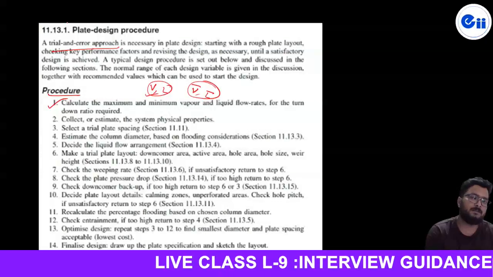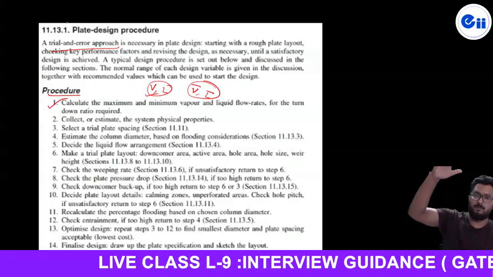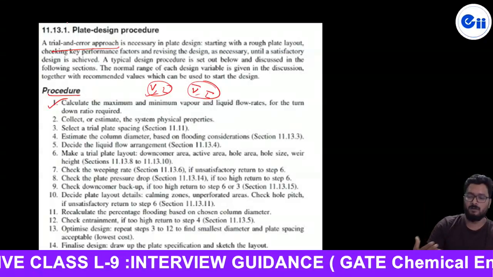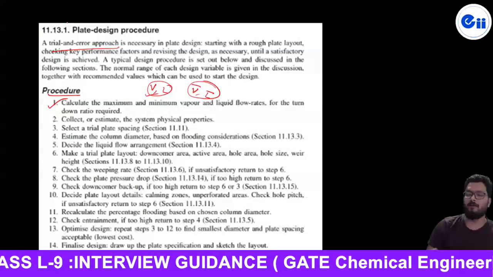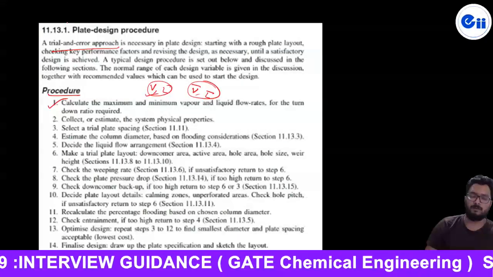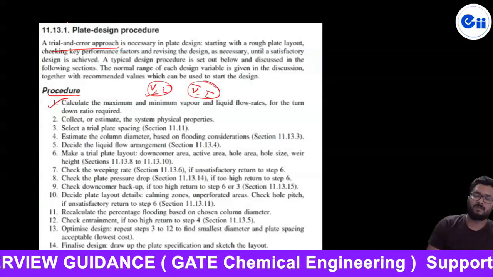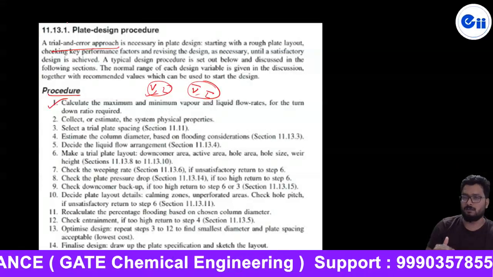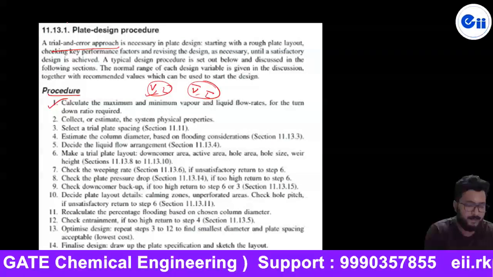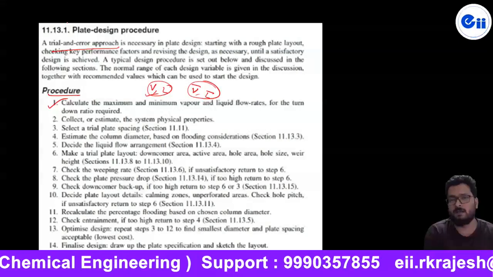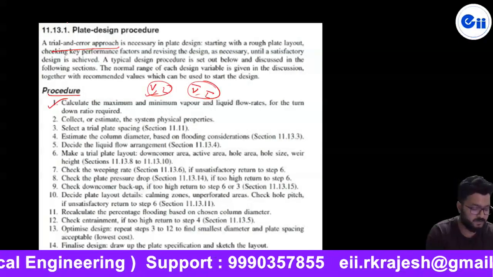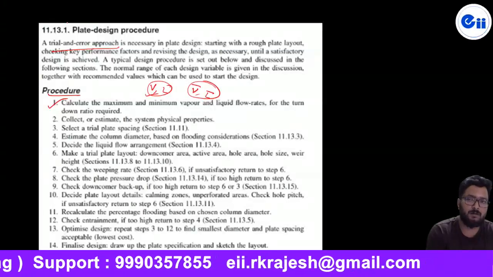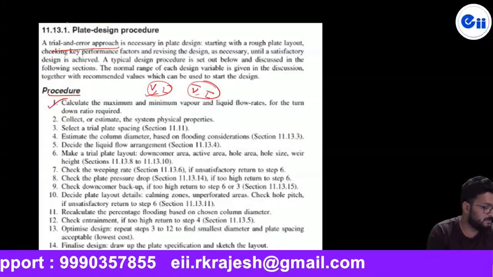The pressure is atmospheric pressure plus whatever pressure drop from each plate, all has to be counted, and then all the pressure drop across the number of stages has to be added to the atmospheric pressure, then we are able to calculate the pressure at the bottom. And on the basis of pressure and temperature, we are able to calculate the density of liquid and vapor mixture. So the second step is we have to find the properties.